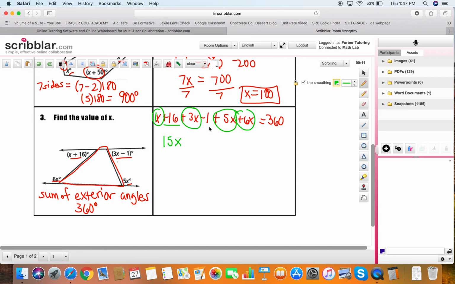Then I have positive 16 and negative 1, so that would be positive 15. So 15x plus 15 equals 360. Now I'm going to subtract 15 from both sides. 360 minus 15 is 345. And when I divide by 15, I'm going to get that x equals 23.